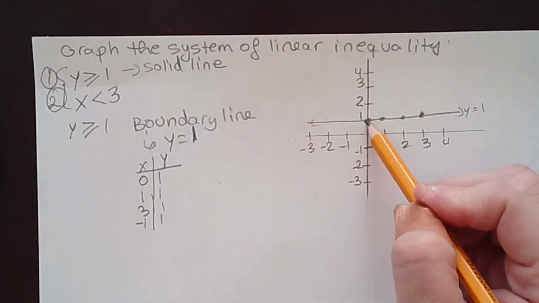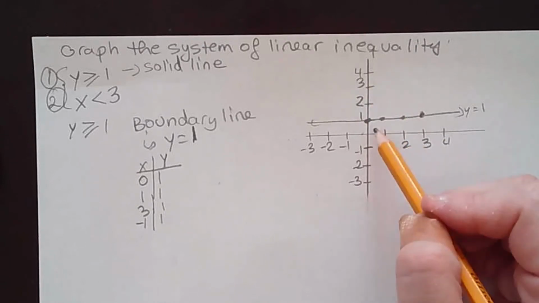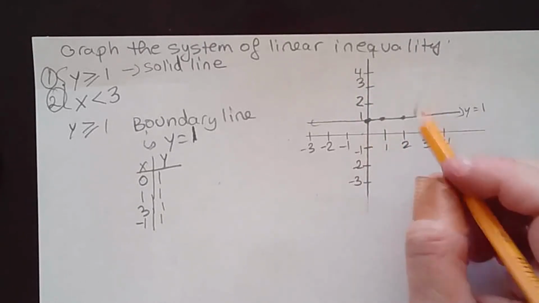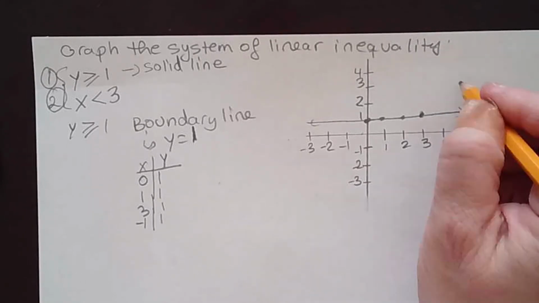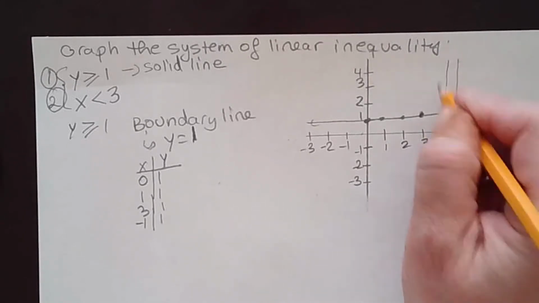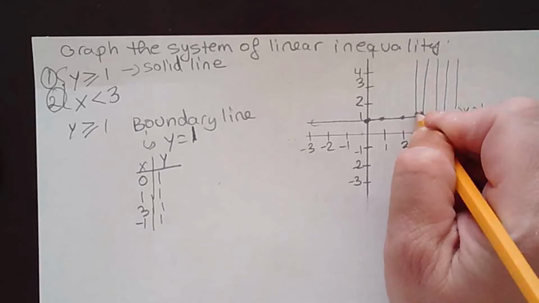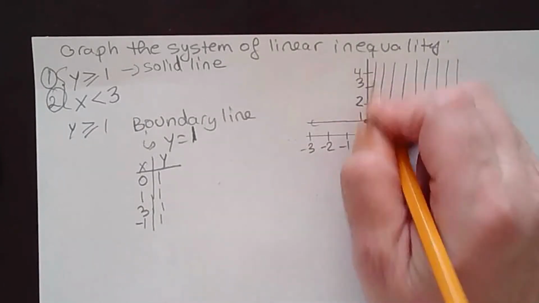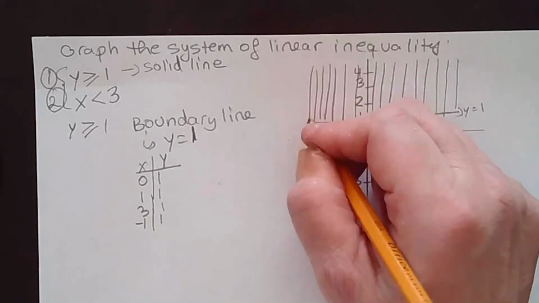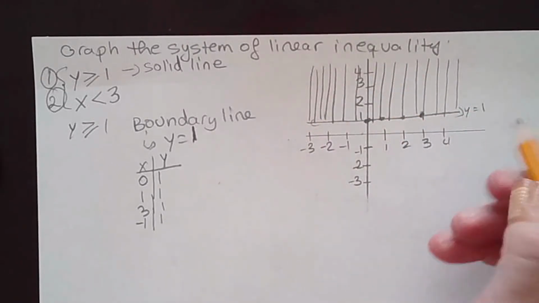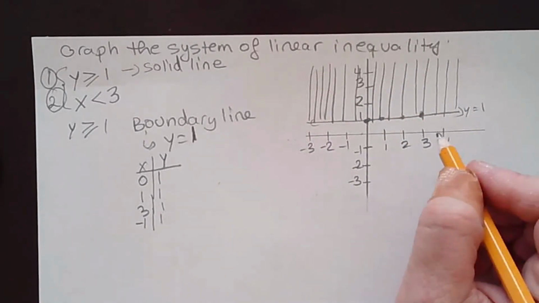So anything above y equal 1 is y greater or equal to 1. If you want to use a test point, it is up to you, but anything above the line is y greater or equal to 1. So this is the graph of the first inequality, y greater or equal to 1.